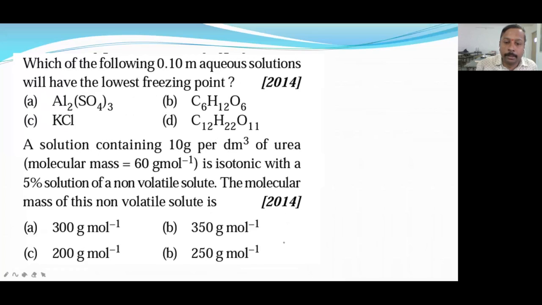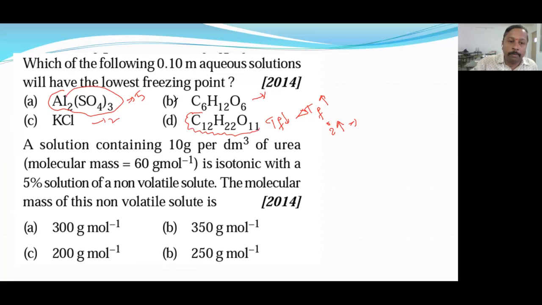So delta TF should be higher so that TF is lower. Delta TF higher means you should consider the i value mostly. Here Al2(SO4)3, the i value is how many? 5. And here it is 1 and here it is 2. I don't think molecular mass will play a major role. The major role will be the i value. With the i value highest, TF will be lowest. So the answer will be A.